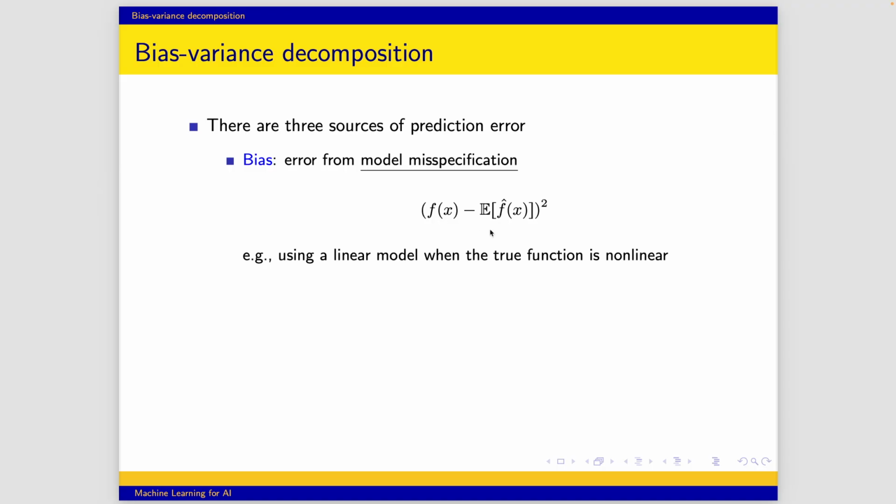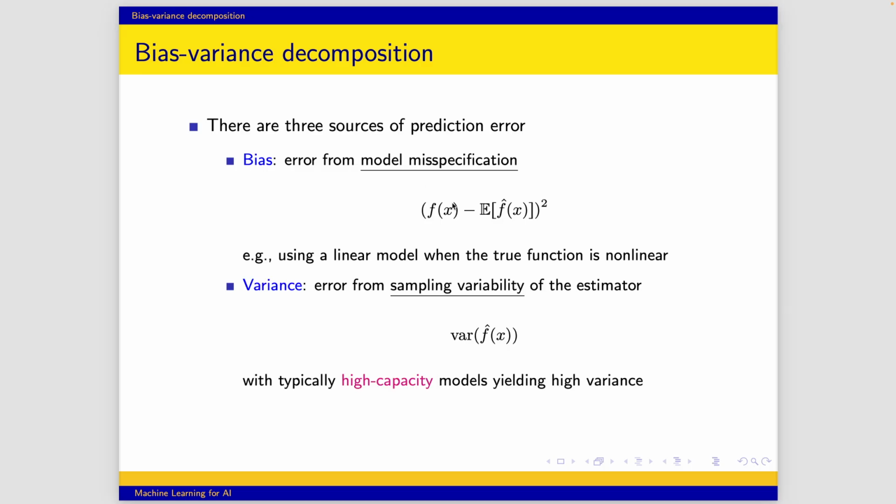We choose a hypothesis class. In our ERM framework, we saw that basically this comes from a hypothesis class. So a simple example is, we use a model linear in x, whereas the true function f of x is a nonlinear function of x. So this we call model misspecification, and we refer to this kind of loss as the bias.